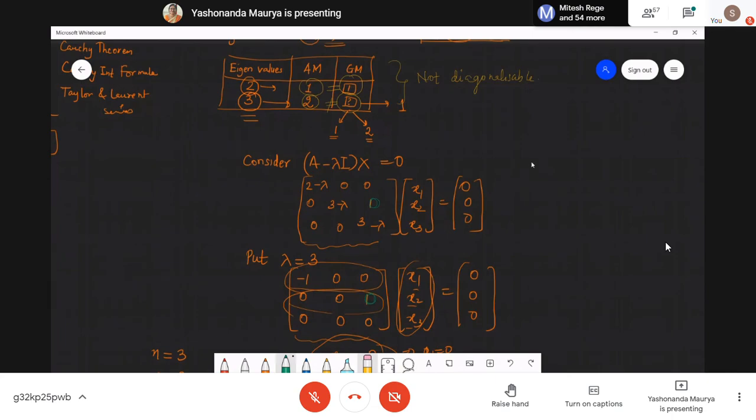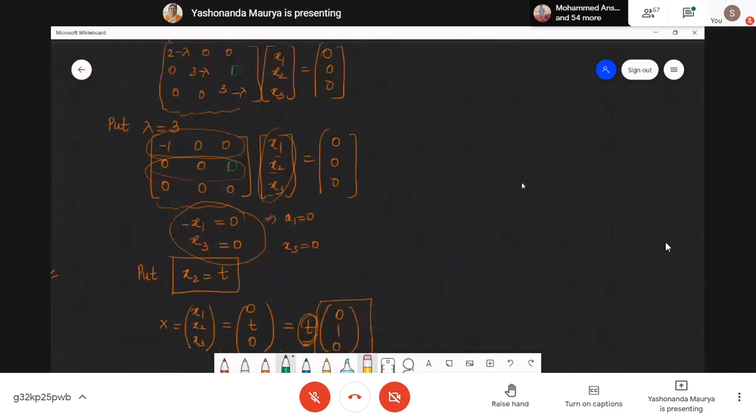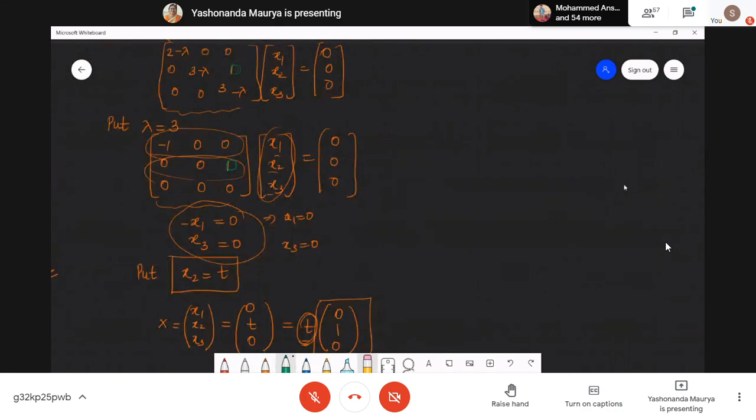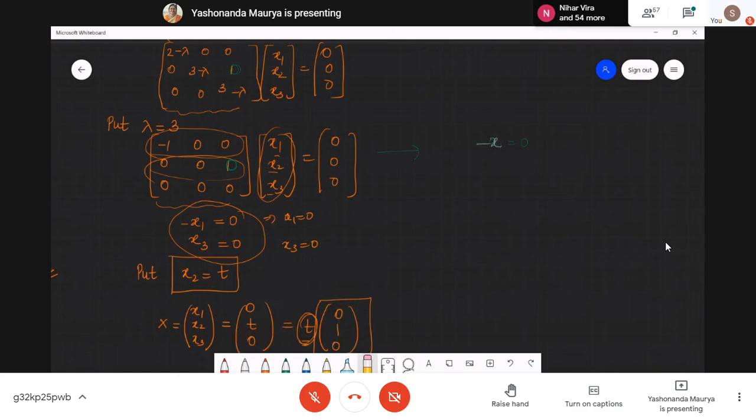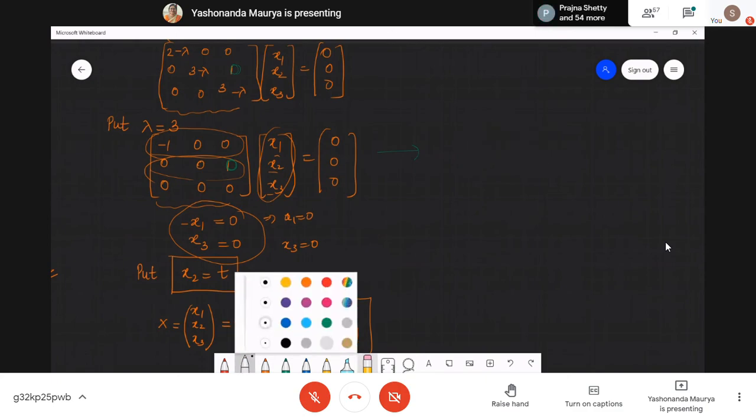And now see what the case is. ठीक है? Now after this, I will write down the equations here. I'll get minus x1 is equal to 0. I'll change the color. And then we have to take T1 and T2.